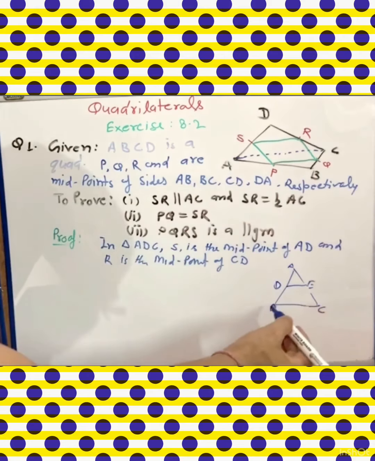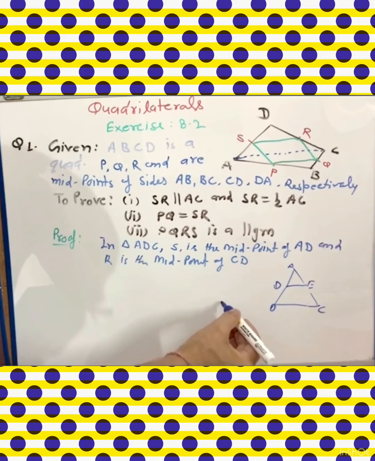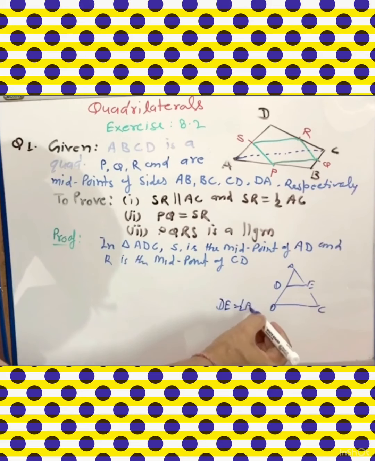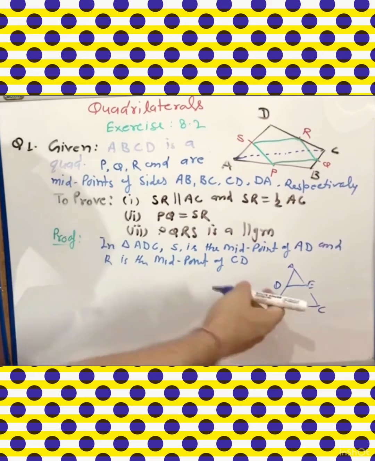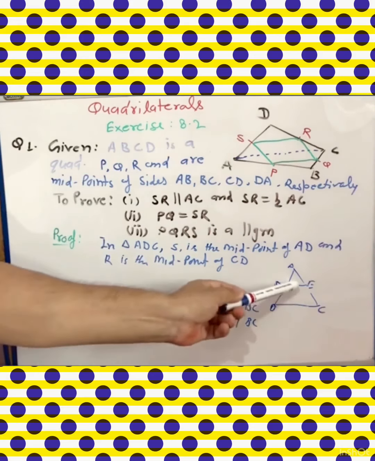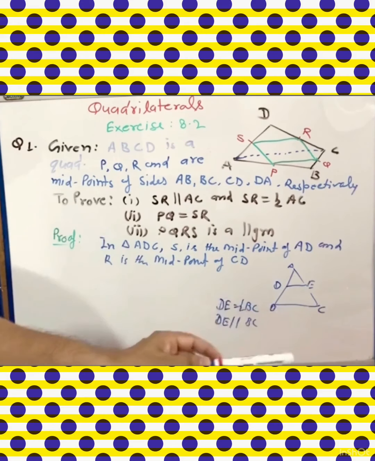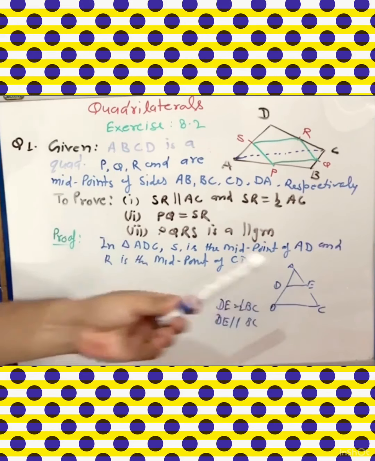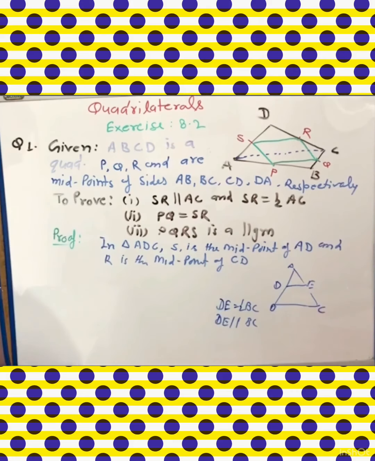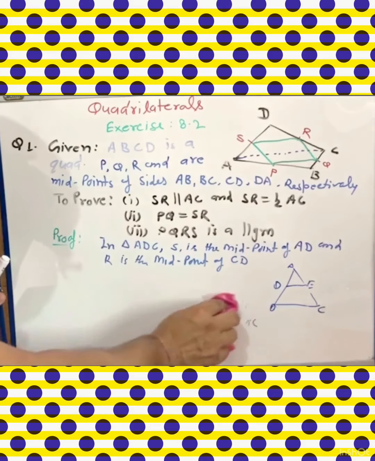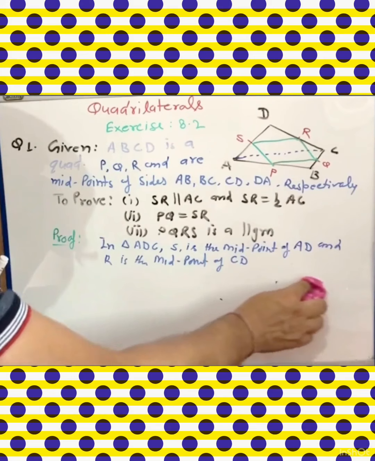Then you have to prove that DE equals half of BC and DE is parallel to BC, meaning the line DE is just half of BC and is also parallel to BC. This is already proved in the midpoint theorem. So we will apply the same thing in this question.